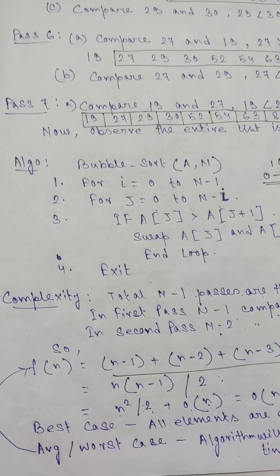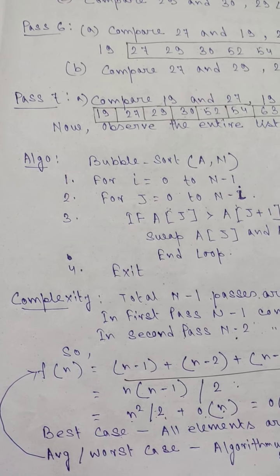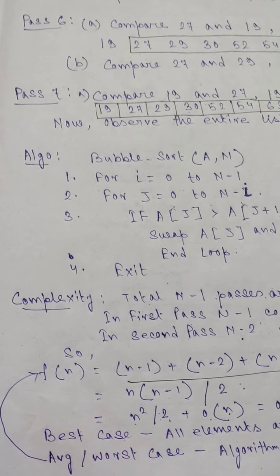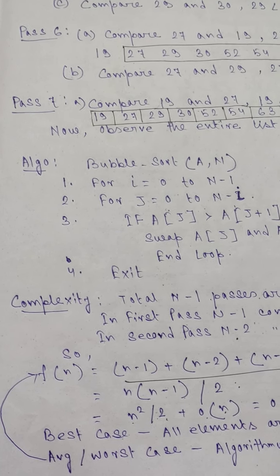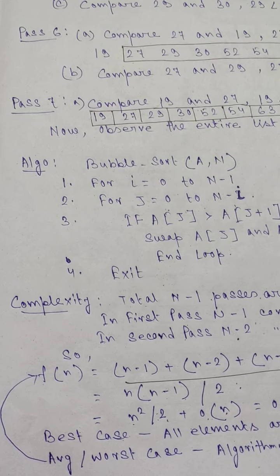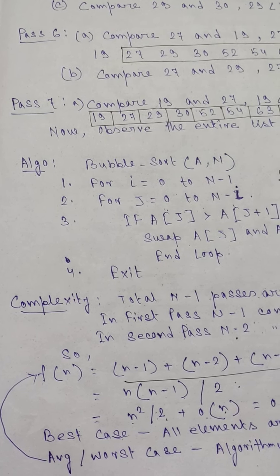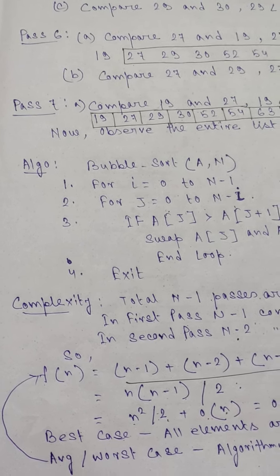But when the list is larger, the iterations will increase, that means it will be time taking. So bubble sort is time consuming. This is the disadvantage of bubble sort.